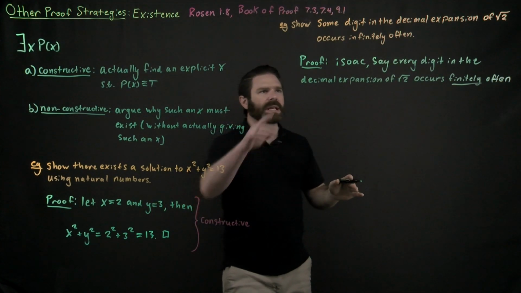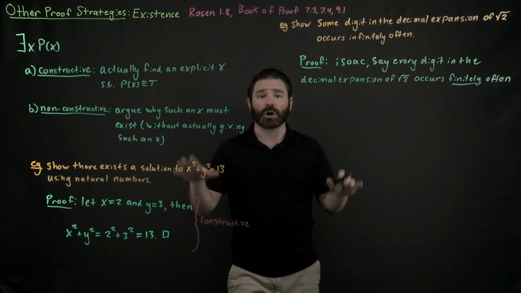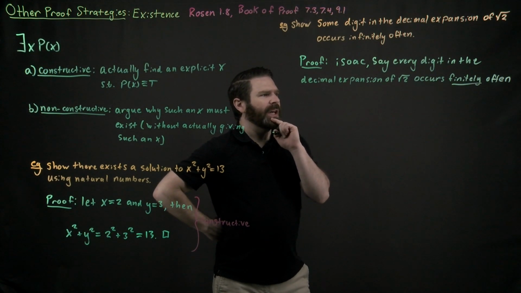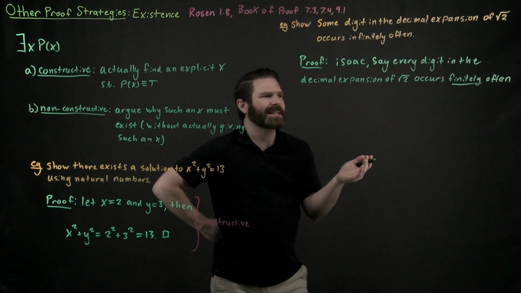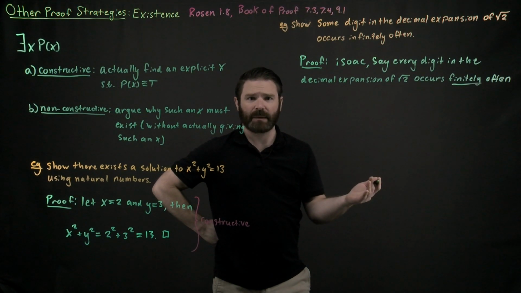So I've assumed the negation of my statement, say every digit in the decimal expansion of the square root of 2 occurs finitely often. So if we think about that, what does that mean? Well, if it occurs finitely often, that means that the decimal expansion of the square root of 2 is actually going to have to terminate somewhere.